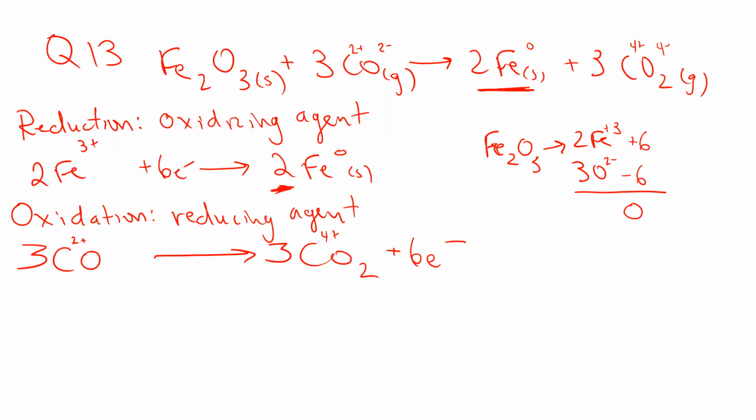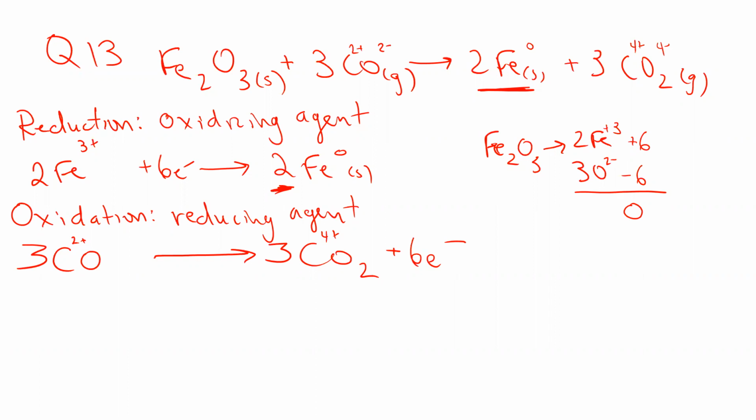On the test, this question could be broken down, like if it were aqueous, into ions. Yeah, if it was aqueous, we can break it down as ions in solution. Here, they're all solids or gases, but we can still assign an oxidation state, because any pure elemental solid is 0. Any diatomic would also be 0, like hydrogen gas or chlorine gas.